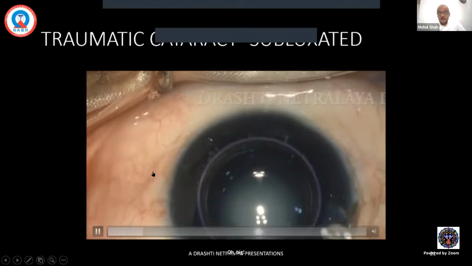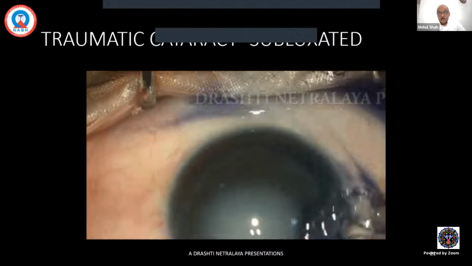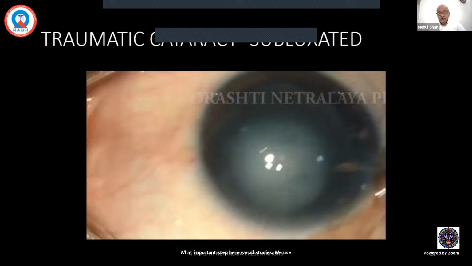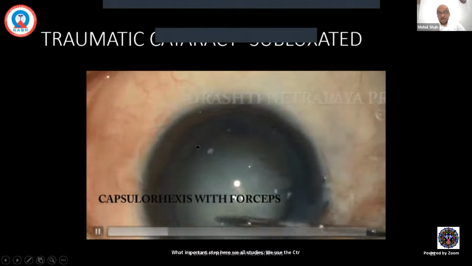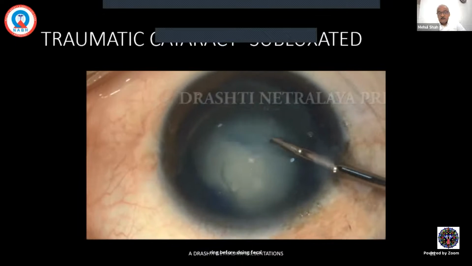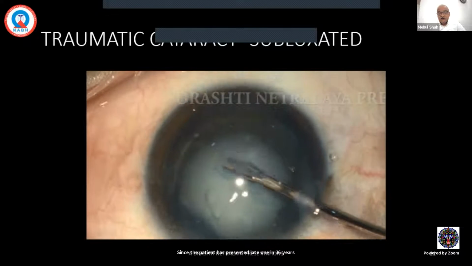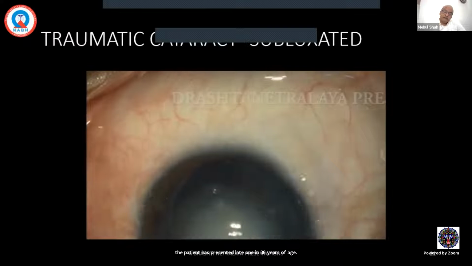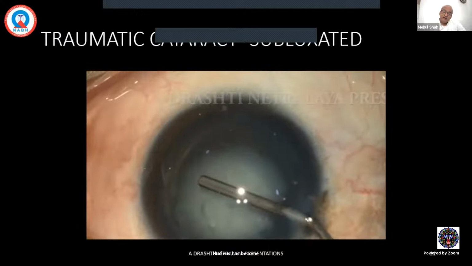An important step we altered here is that we used the CTR ring before doing phaco. Since the patient presented late, even at 36 years of age, the nucleus had become hard. We could not aspirate.